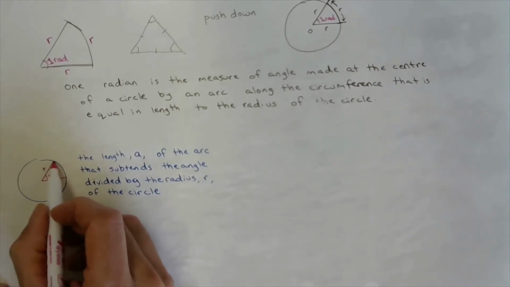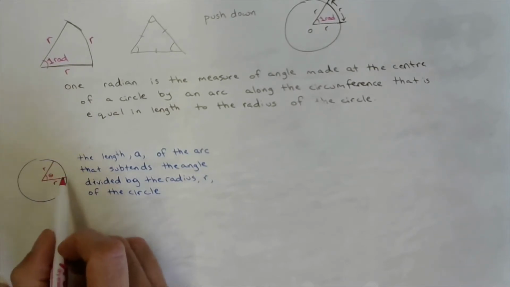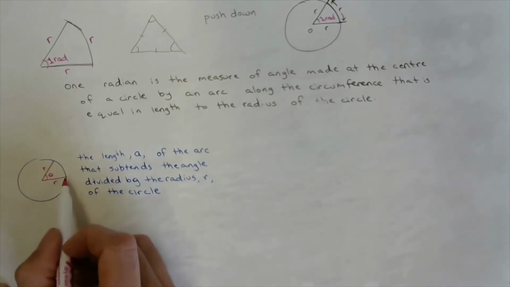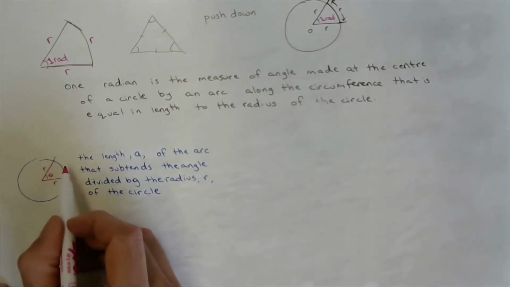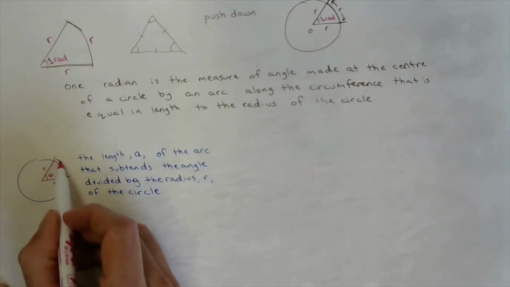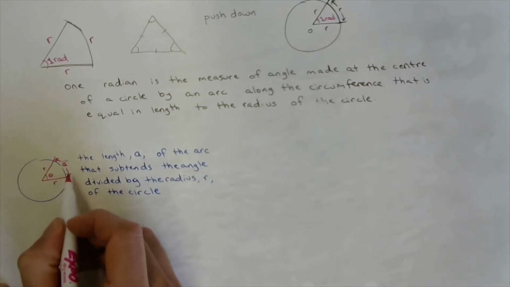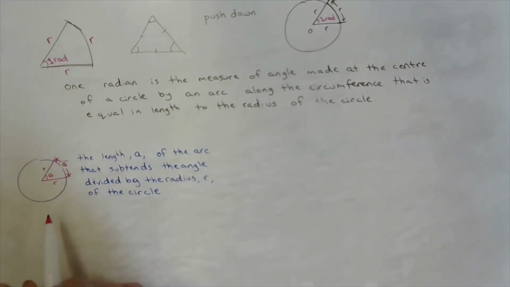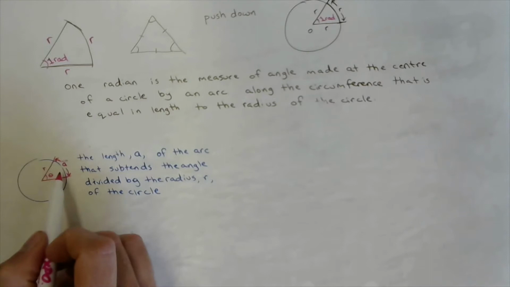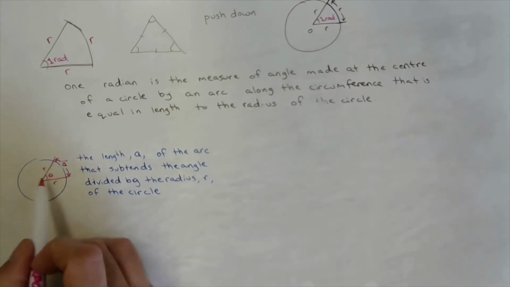This length right here is the arc that subtends the angle, from here to here. This arc length is A. No matter how big that angle is, the arc length is going to grow. So that is A.